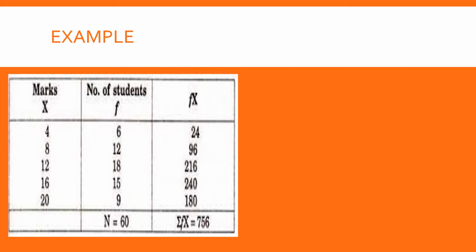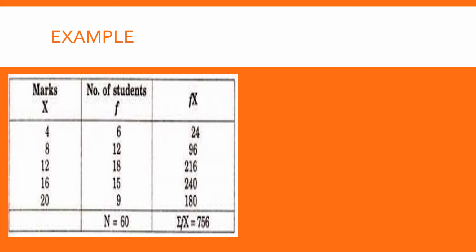In such cases, where we have the frequency given along with the value of x, we need to create another column to find the mean, and that is fx. It is simply the multiplication of x by the corresponding frequency. So 4 into 6 is 24, 8 into 12 is 96, 12 into 18 is 216, 16 into 15 is 240 and 20 into 9 is 180.